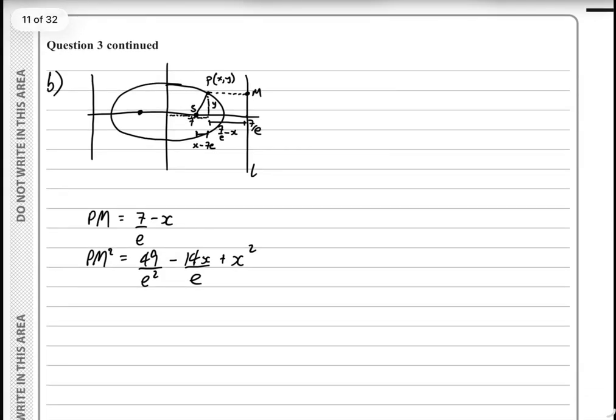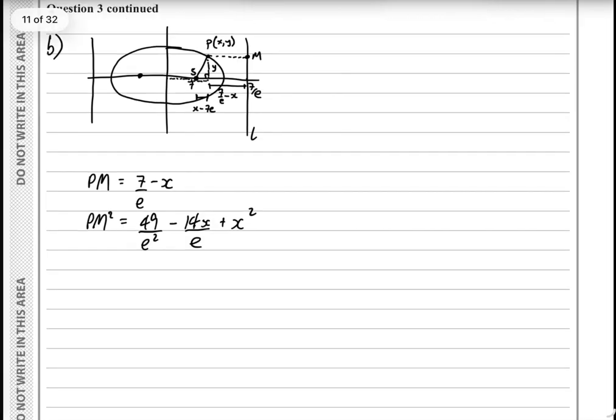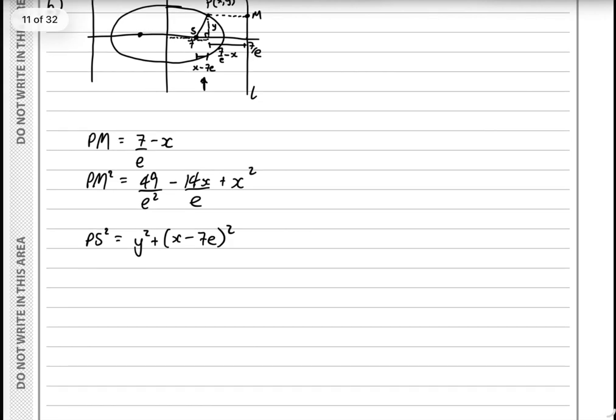Now PS we can do because there's a little right angle triangle in here. So PS squared is the hypotenuse, that's y squared plus this expression here, x minus 7e all squared, okay, plus x squared minus 14 lots of ex plus 49 lots of e squared.